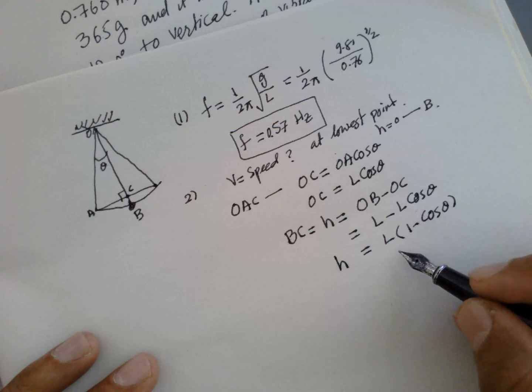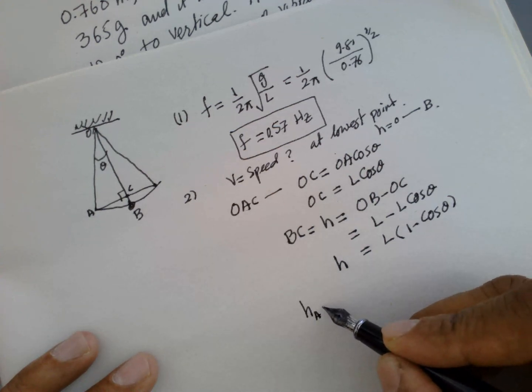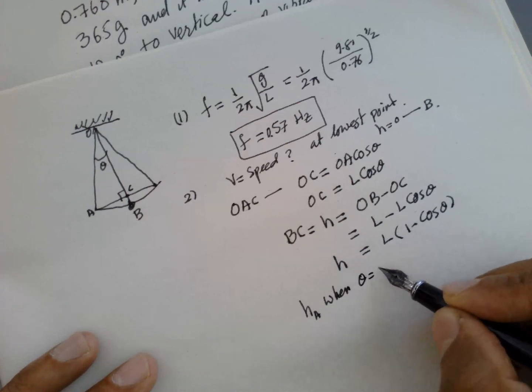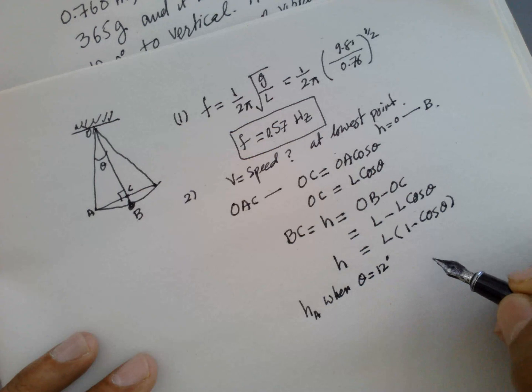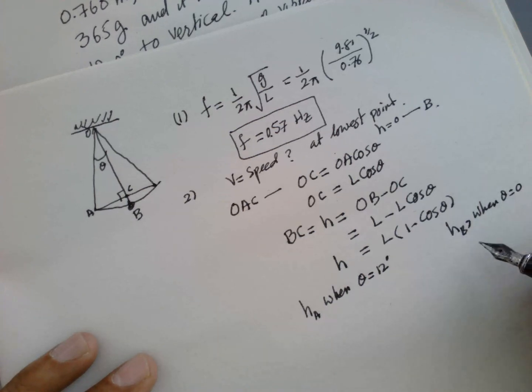The height has two values. H at A, when theta is at 12 degrees, and H at B when theta is equal to 0 degrees. When theta is 0 degrees, then H is equal to L into 1 minus 1, which is equal to 0.